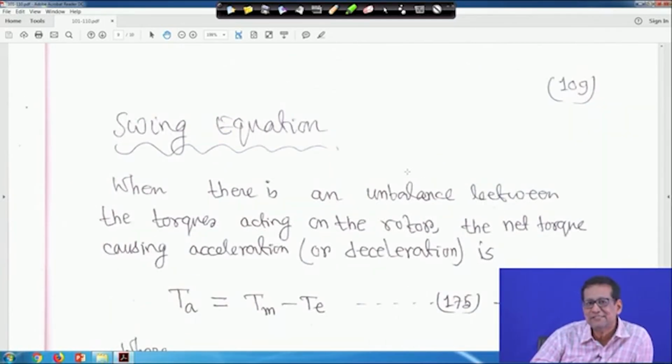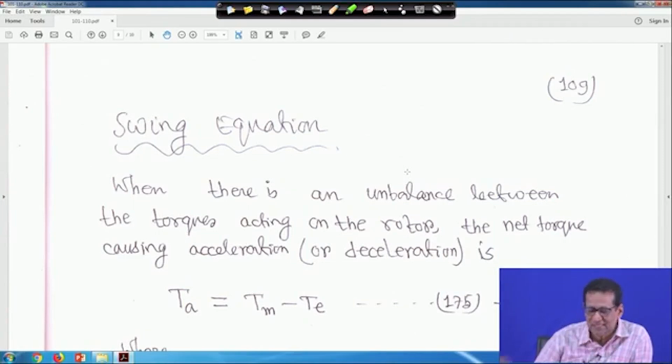So, here also we will see the same thing, but step by step, because we have to develop the synchronous machine model completely, as far as it is possible as a classroom exercise. Slowly, step by step, we will develop this.